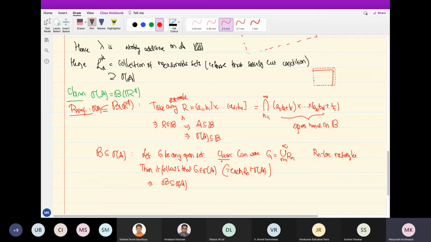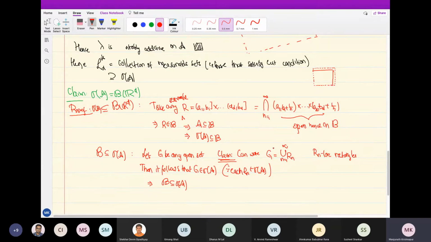So the question is to justify this claim. How do you show that every open set is a countable union of rectangles? Rn is second countable in general, right? So there is a countable dense set. How does that ensure this? Firstly, you can forget the left open, right closed, since that doesn't come naturally.